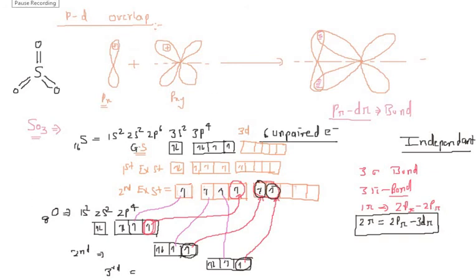Next, move to the third type of overlap, which is nothing but like this, called DD overlap. Okay, this is called DD overlap. In this we'll be having 2 d orbitals which will be overlapping among themselves.